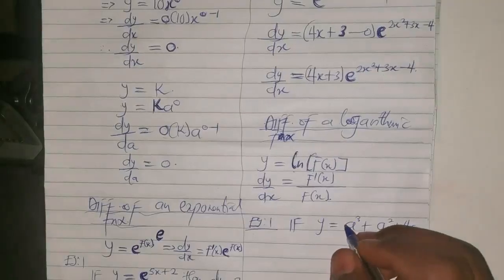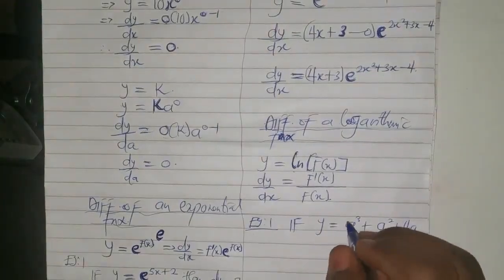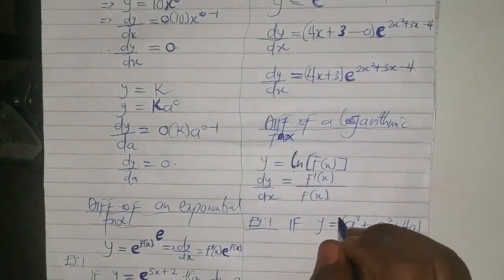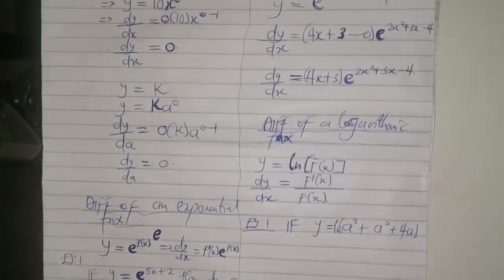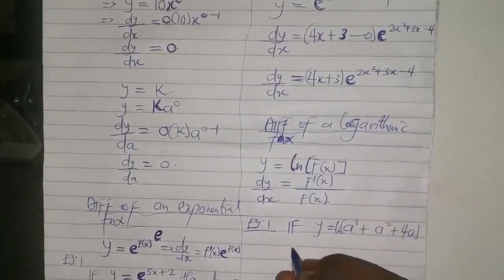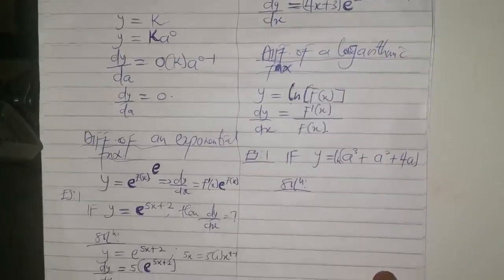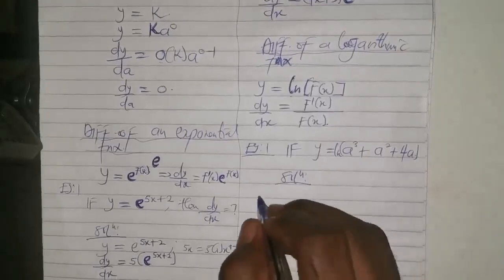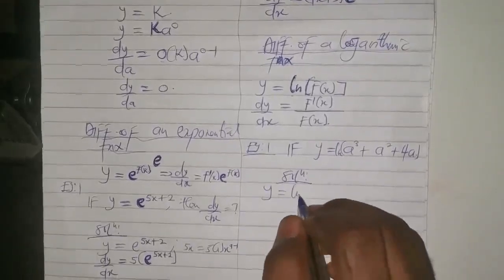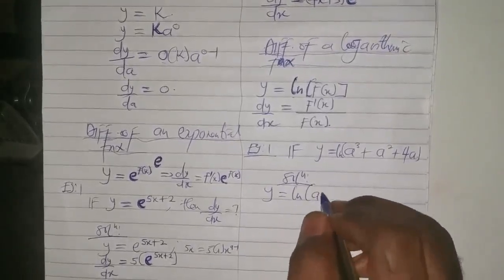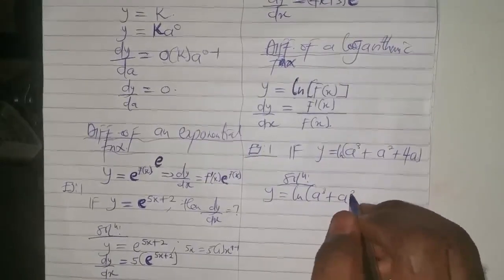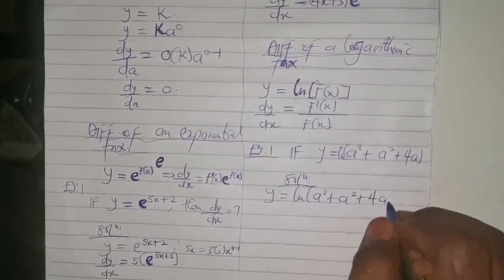Let me have the ln as part of it, shall we? The ln, very small n here. So if I should differentiate this, straight away I have my solution. I can say that y is equal to ln, which is log, of a cube plus a square plus 4a.